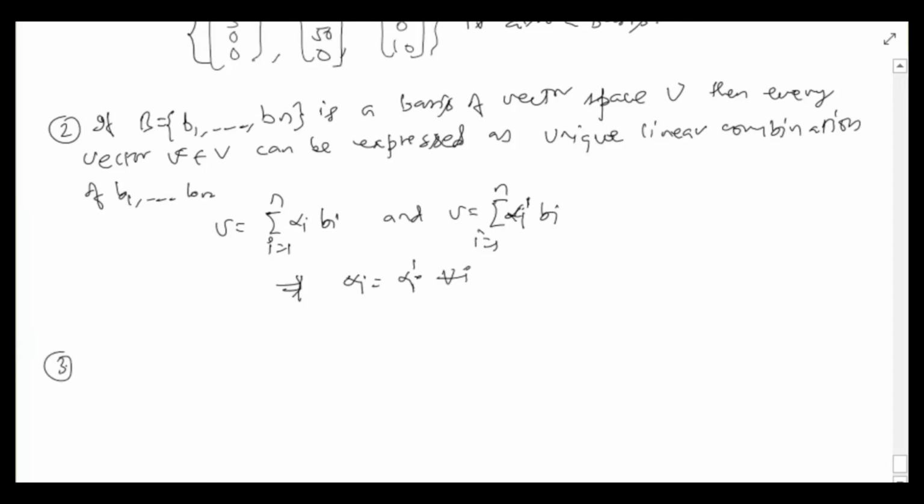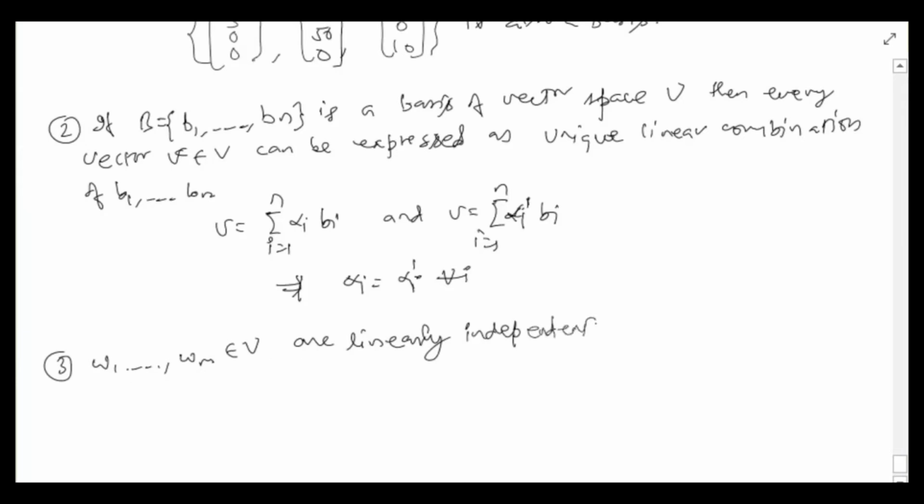The third observation is that if w1 to wm, say these are m vectors belonging to V, are linearly independent, then there exists a basis of V that contains these vectors.